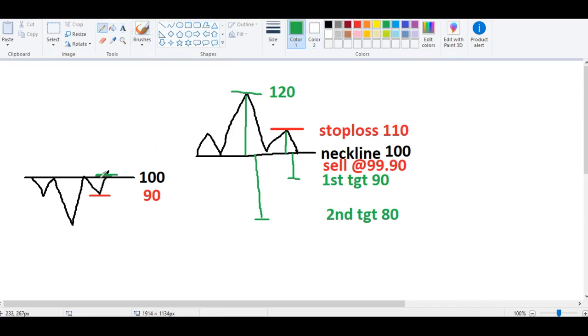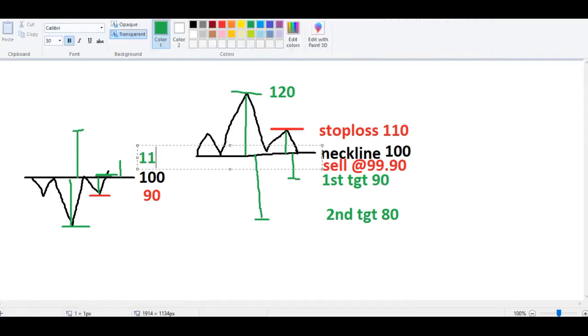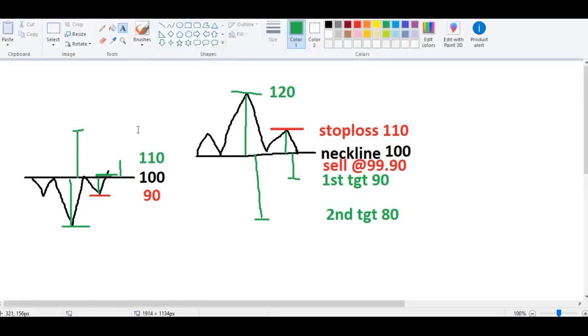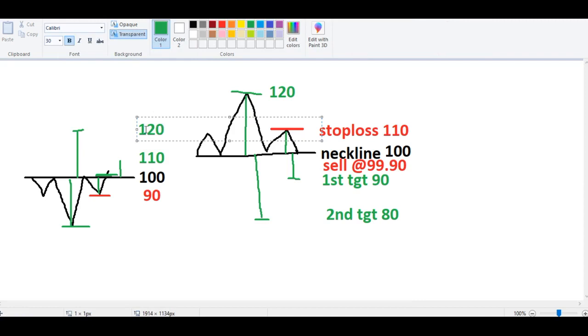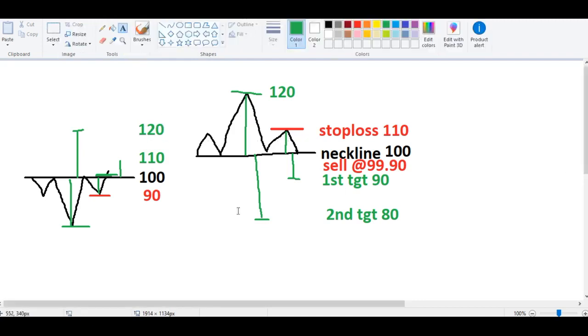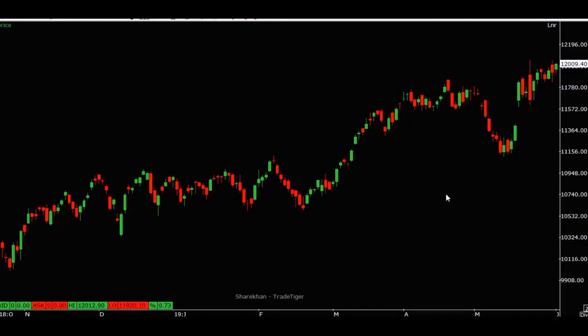So now my first target will be the distance from the stop loss to the neckline, which is 10 rupees, and final target will be distance from the head to the neckline, right? So first target will be 110 rupees and final target can be 120 rupees. Now let's go see some examples on charts.